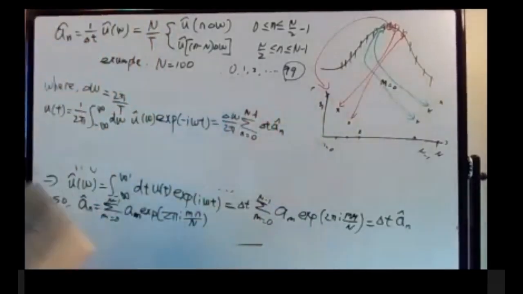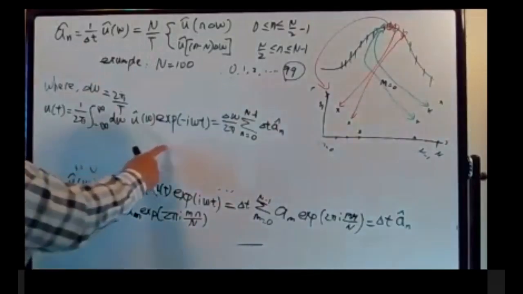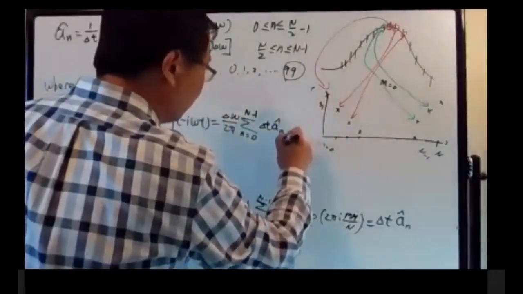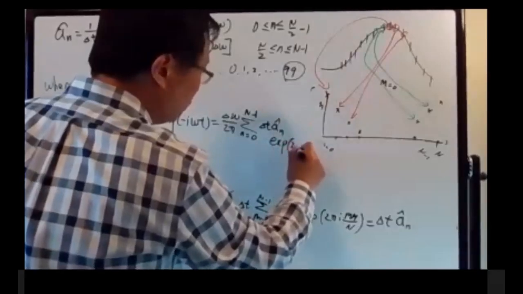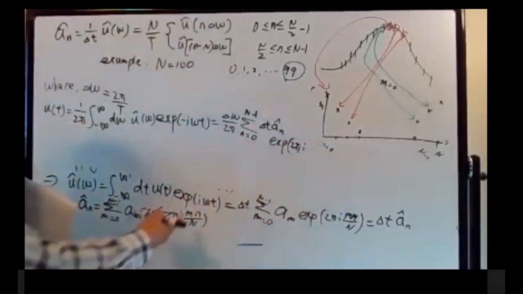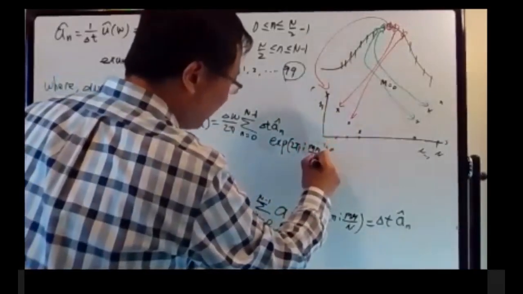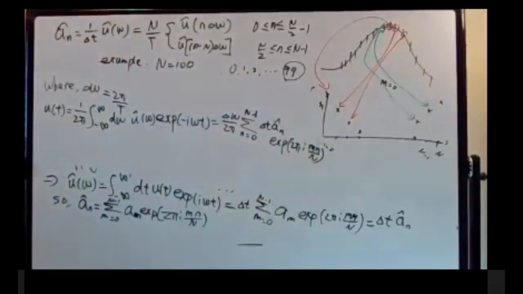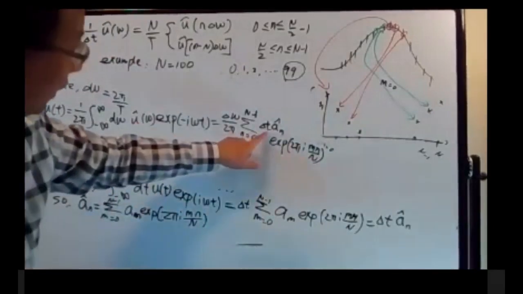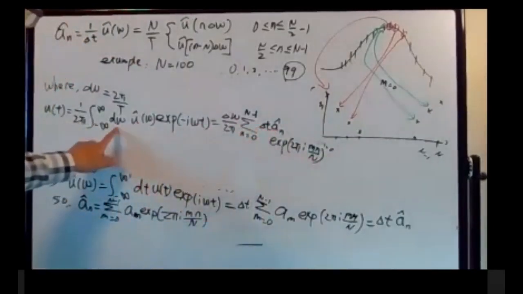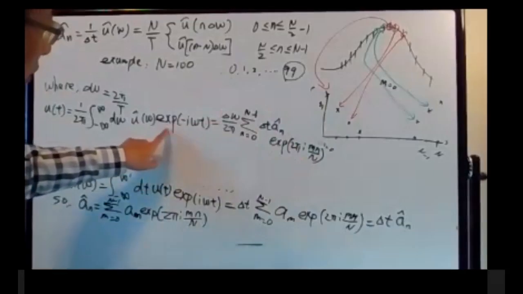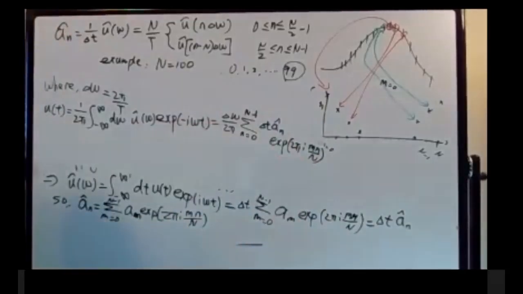Then what we have is the exponential, 2 pi i m n over capital N. So u_m is delta t a_n hat, delta omega, exponential i omega t, exponential this bunch.